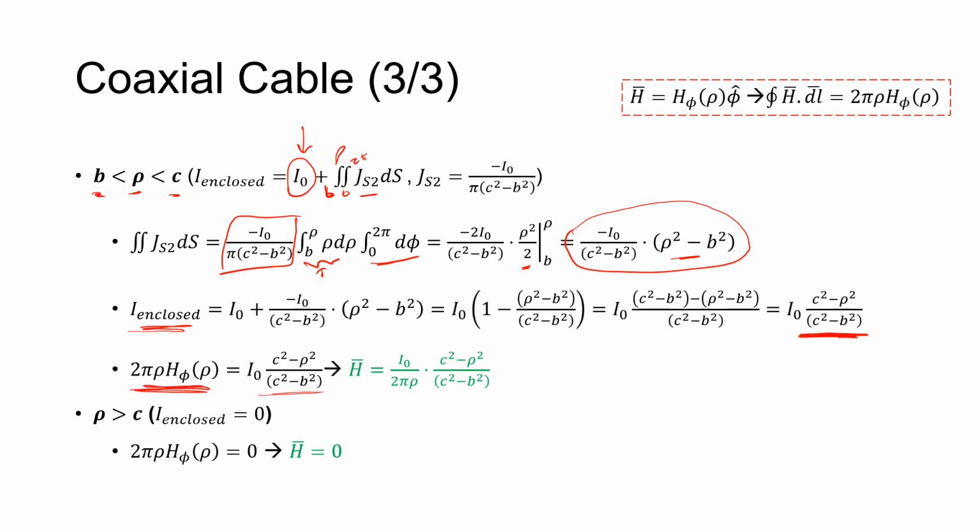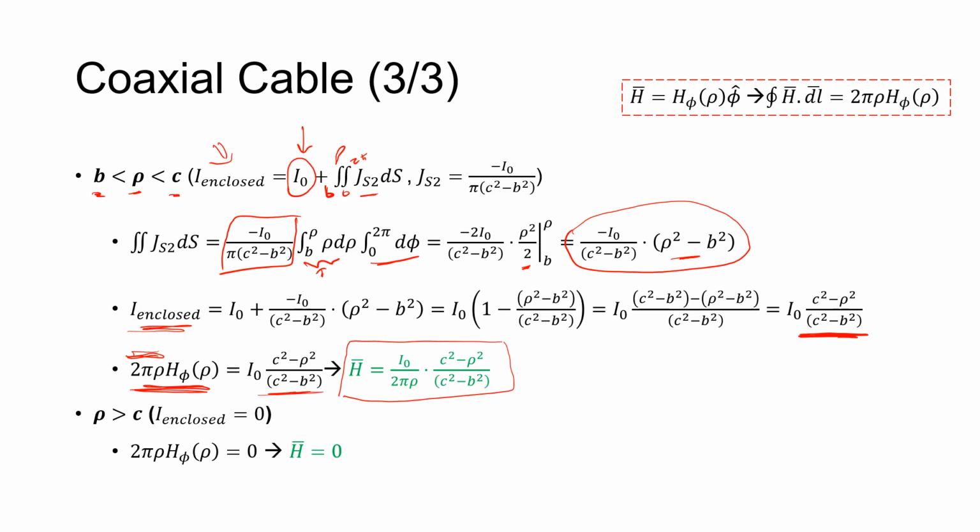This is the resulting current from our calculation for I enclosed. Then you divide by the factor 2 pi rho, and you get H equals I naught over 2 pi rho multiplied by c squared minus rho squared, divided by c squared minus b squared.